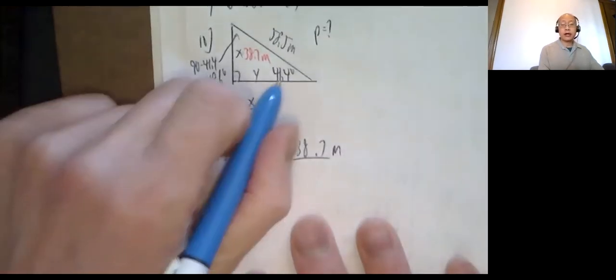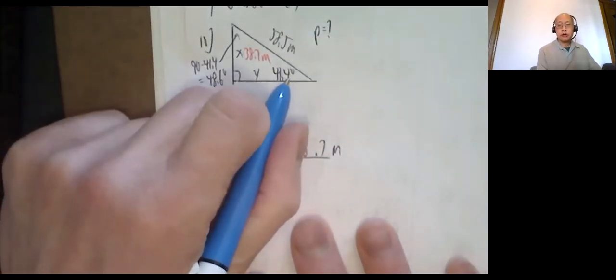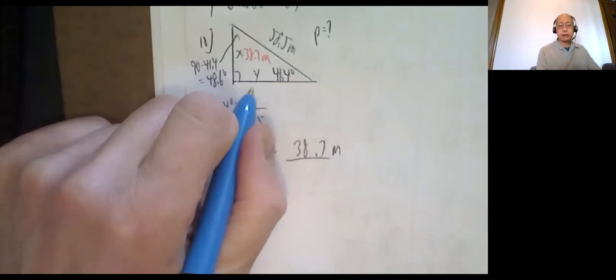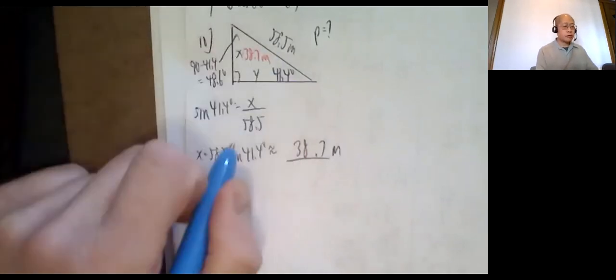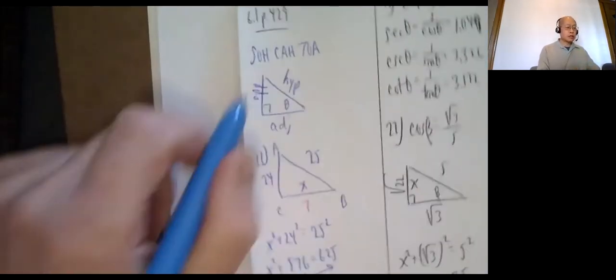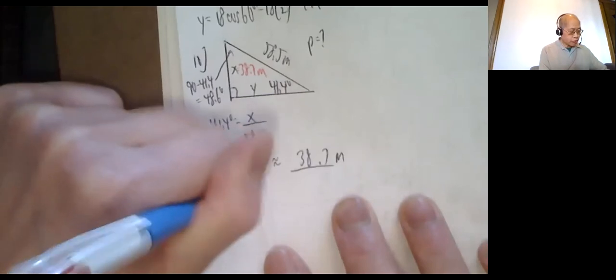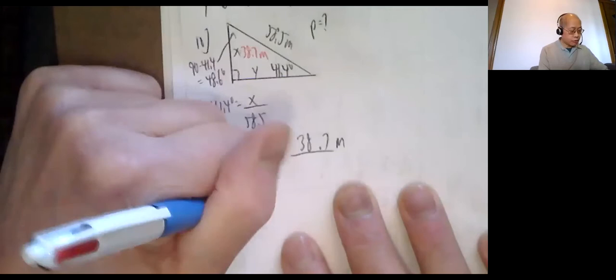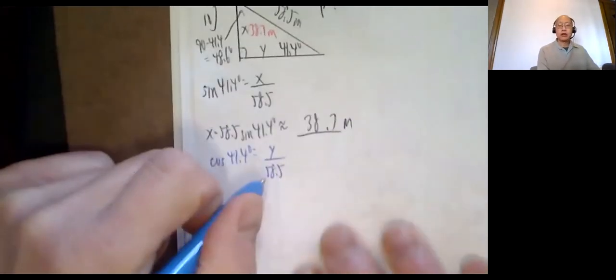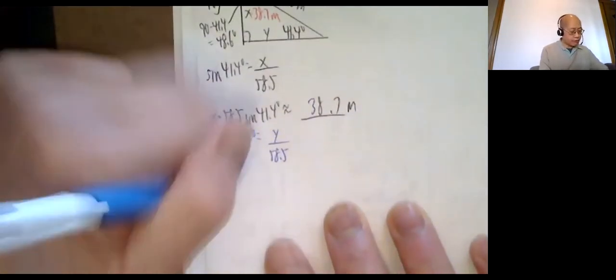Okay, and how about y? So 41.4, this is adjacent, still hypotenuse. So adjacent over hypotenuse, cosine. Cosine 41.4 degrees is y over 58.5. Again, multiply both sides by 58.5.